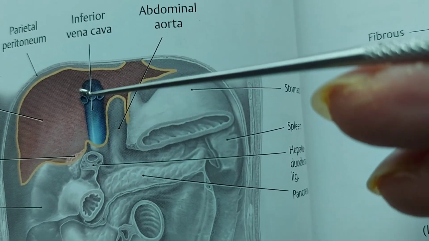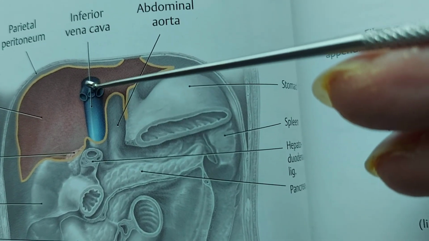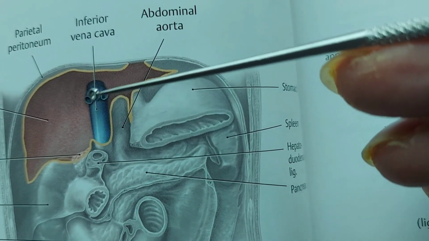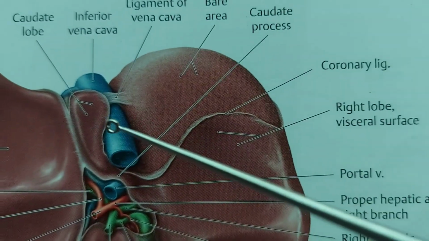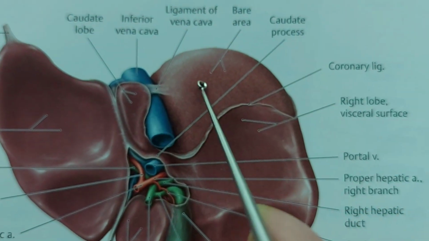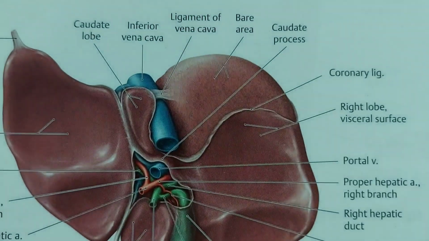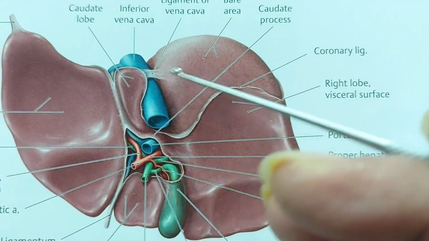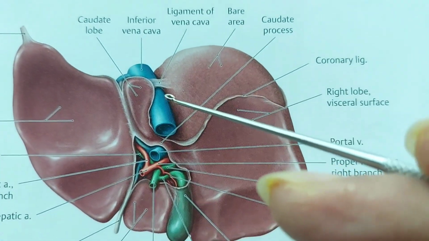From the inferior vena cava, the hepatic veins come out and enter the liver substance, and they act as a holder. So it remains in this upper part.